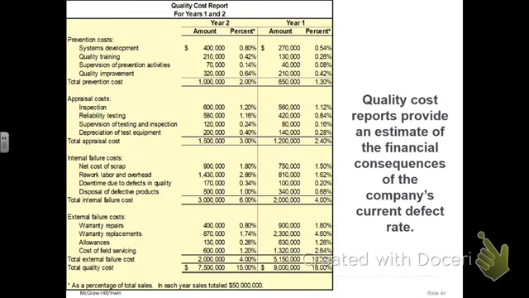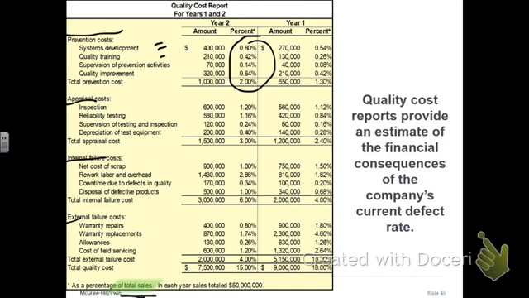A lot of companies put together a report that looks something like this, and a couple of quick notes about what they've done here. Notice what they've done is they've taken the costs, prevention, appraisal, internal failure and external failure, listed all the costs. They calculated it as a percentage of sales.